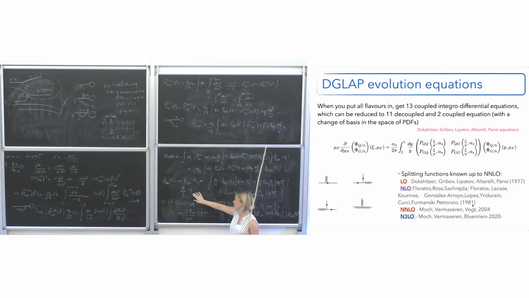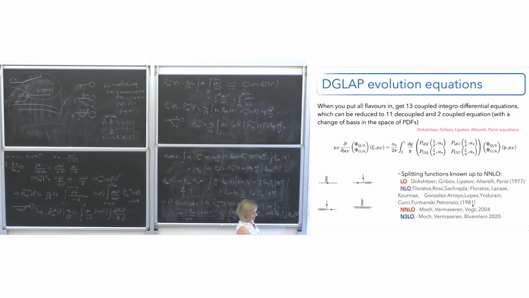Okay, so this is the combination that you cannot decouple from the gluon. And then you have the other kind of combinations, which are the valence quarks, so u minus u bar, d minus d bar, which instead decouple from the gluon, okay? So this is just a matter of diagonalization of the matrix. And the splitting functions are known up to, I should say, next-to-next-to-next-to-leading order.